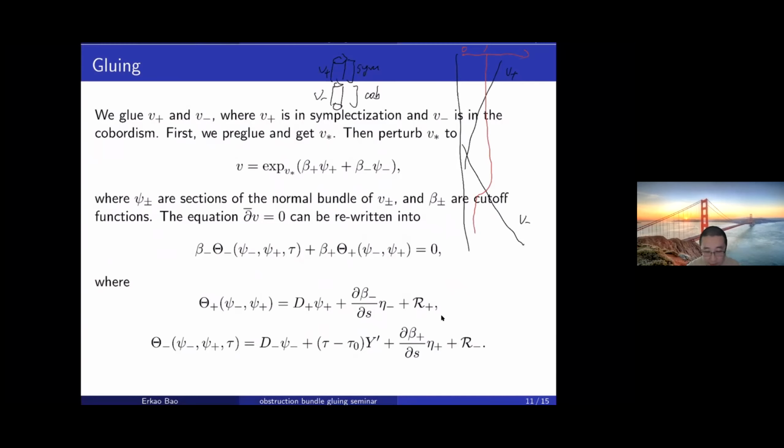So this is a cutoff function beta plus, and there's another cutoff function beta minus, which is like this, and they overlap. So there's some overlap.